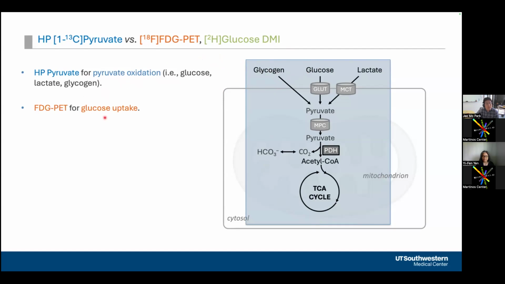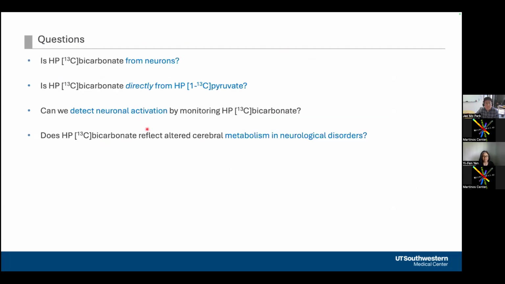FDG PET is more like detecting glucose uptake, because once FDG is taken up, it doesn't further metabolize through glycolysis, so you are measuring the glucose uptake. Deuterated glucose, or deuterium metabolic imaging, detects glucose metabolism, including glycolysis and glucose oxidation. So these are the major differences.